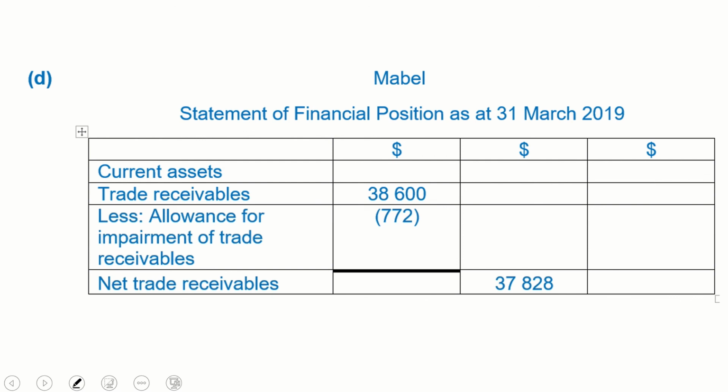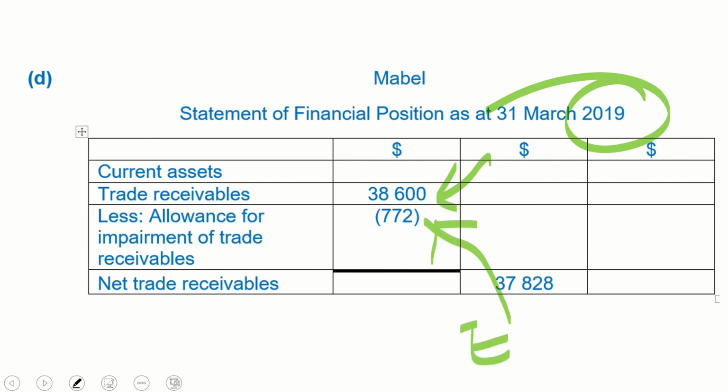Lastly, what are you going to record in your statement of financial position? In the statement of financial position on 2019, you will have to record the trade receivable balance, which is from the question, and the estimated balance, the E, of the impairment of trade receivables.